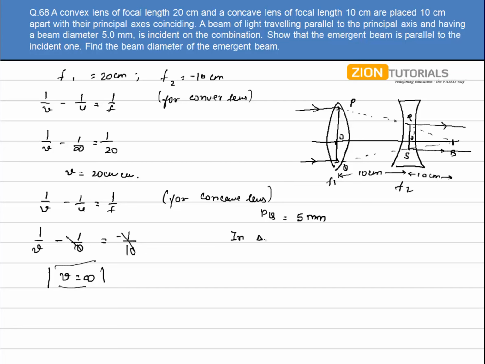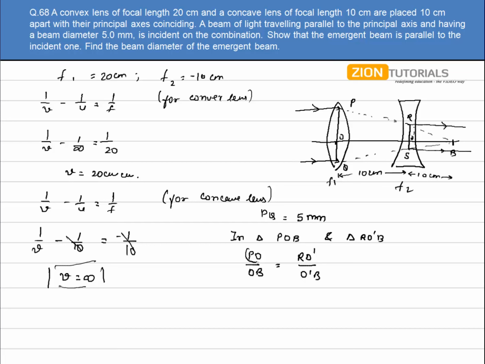So in triangle POB and triangle RO dash B, I can write PO by OB is equal to RO dash by O dash B.